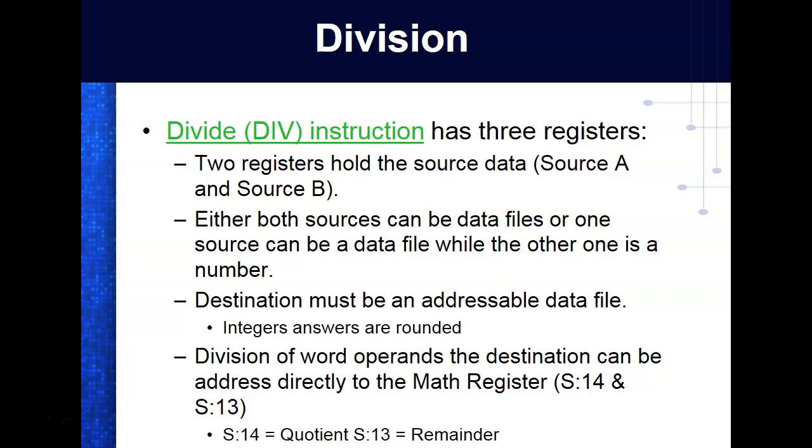By the way, if you do use word operands, you don't actually lose the fraction. If you go into S14 and S13, S14 would actually be your quotient, and S13 would contain your whole number remainder. So even when you're dealing with integer numbers, you don't get a fraction, you get a whole number remainder, right?